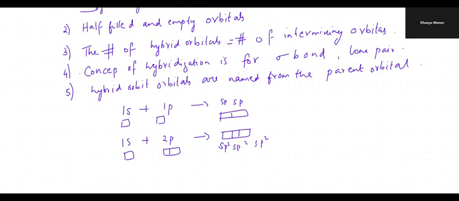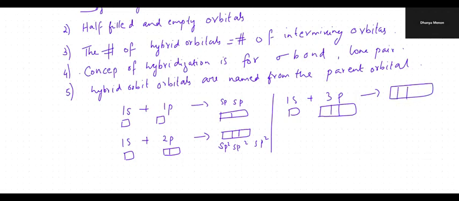Similarly, if I have 1s and 3p mixing together, so 1s and how many p orbitals are mixing? 3 of them. I get 4 hybrid orbitals, 1, 2, 3, 4. All of them are sp3 hybridized with equal energy also.